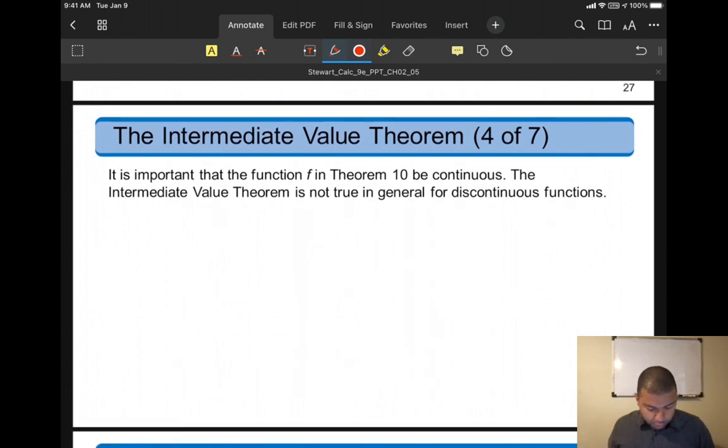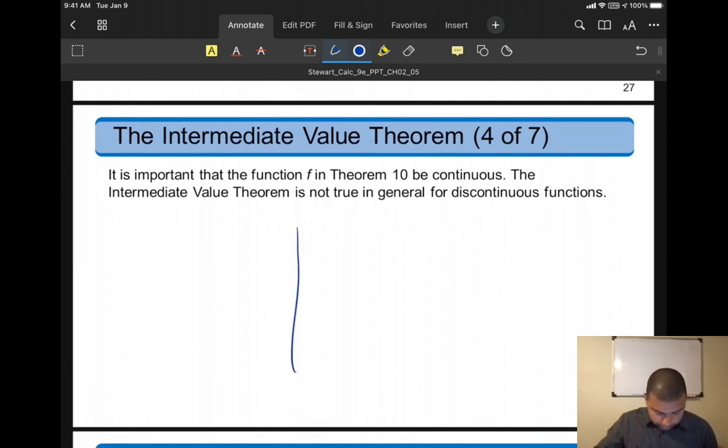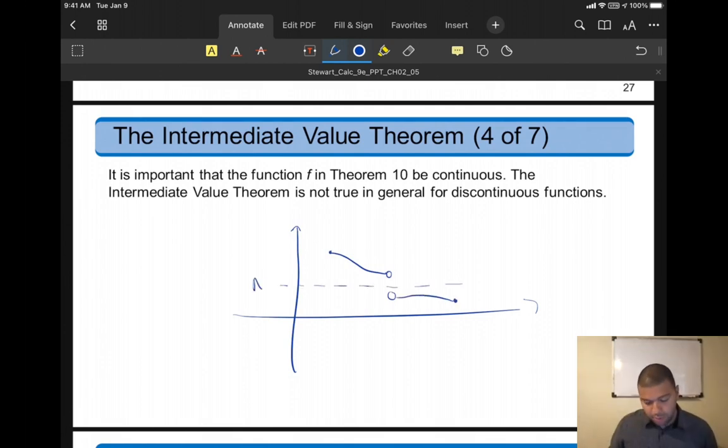It is true for all continuous functions, but not for discontinuous functions, for obvious reasons. I could draw something that goes over there and then continues this way. If I chose this n over here, then there's no point that has f of c equals n, because of the discontinuity, there's a gap.